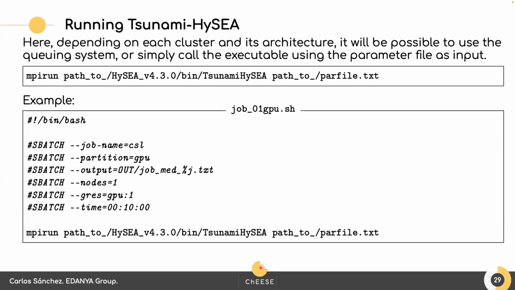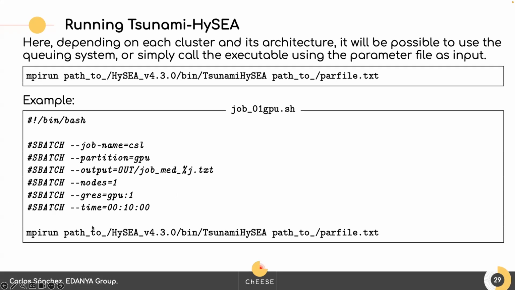So we need a bash script header with the configuration to establish the connection with the characteristics of the cluster: the job name, partition, the output folder, the number of nodes, and the resources. Well, we are going to use GPUs, the time limit, etc. And then after this header, we just need to run the executable of Tsunami-HySEA: mpirun, the path to Tsunami-HySEA, and the path to the par file.